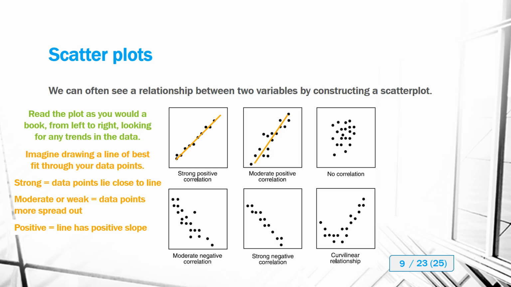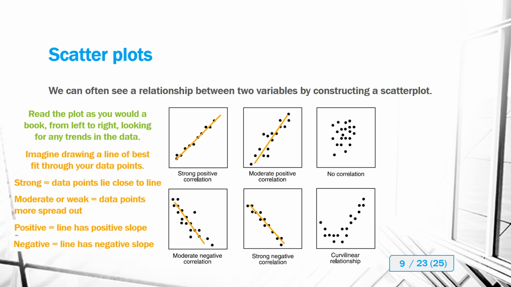So we say that the correlation between the 2 variables is positive, because that line of best fit has a positive slope. An increase in one variable is associated with an increase in the other variable. A decrease in one variable is associated with a decrease in the other variable.